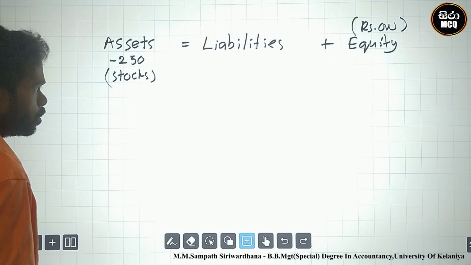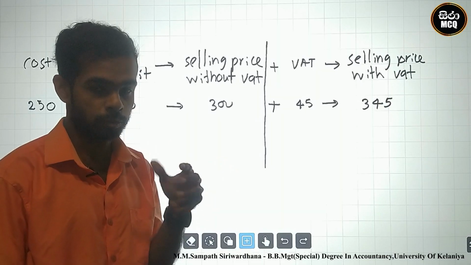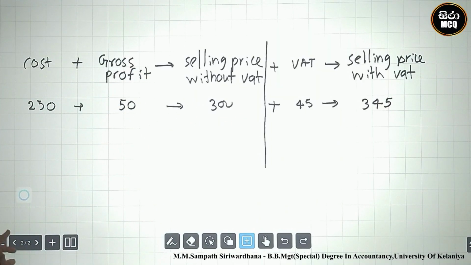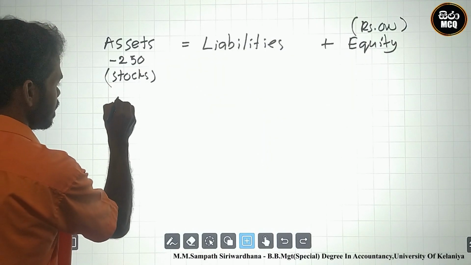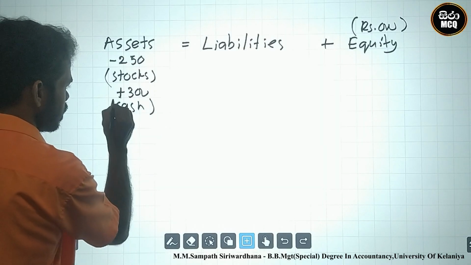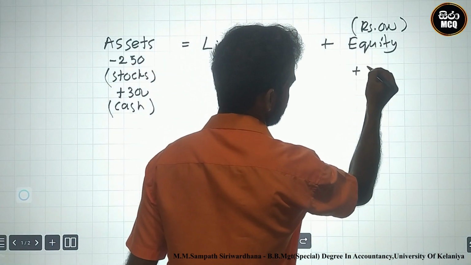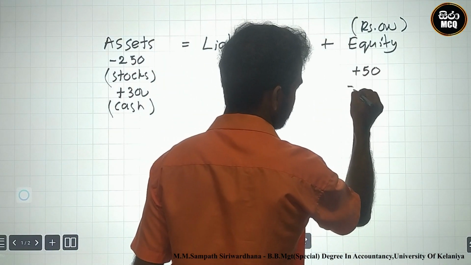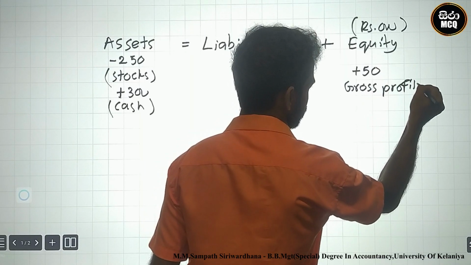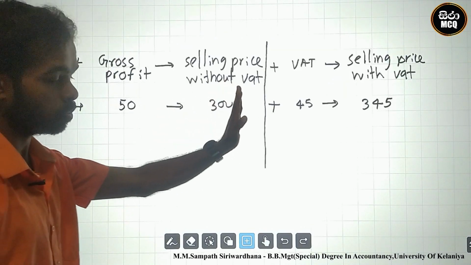It is a cash sale, so at the sales point cash must be received. Therefore 300 must be added to another asset, cash. After that, gross profit of 50 is connected to equity. This is the gross profit, up to this point.